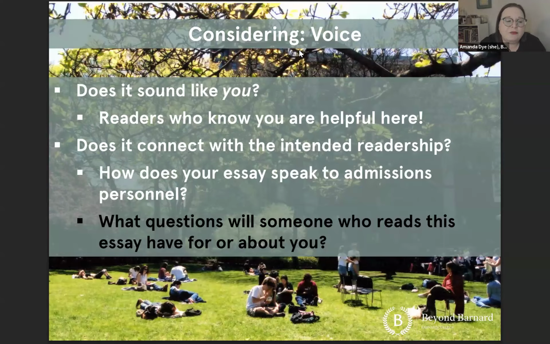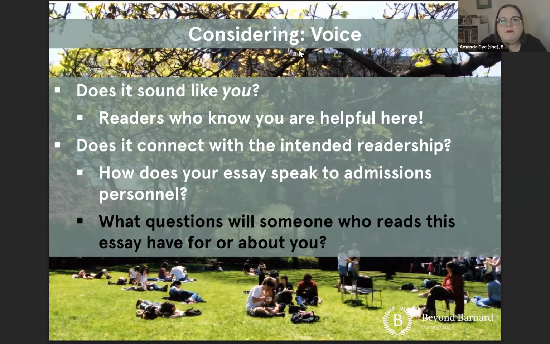If they read it, you can ask the simple question, does this actually sound like me? That can be really helpful, right? If a person can say, actually, most of it, but I'm not sure about this sentence or this paragraph, that's really helpful for you in terms of the goal of presenting yourself authentically.